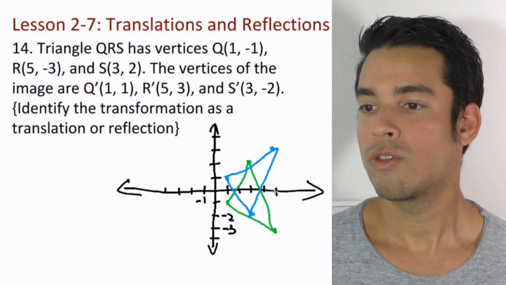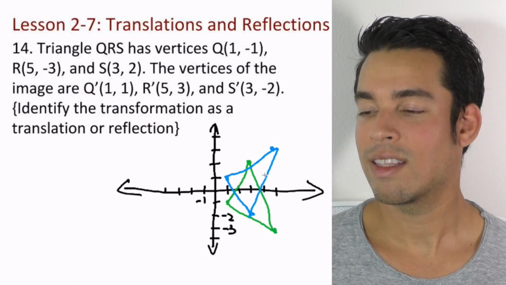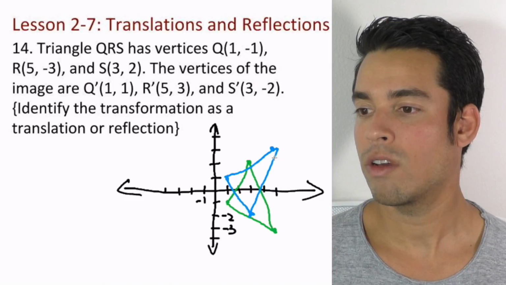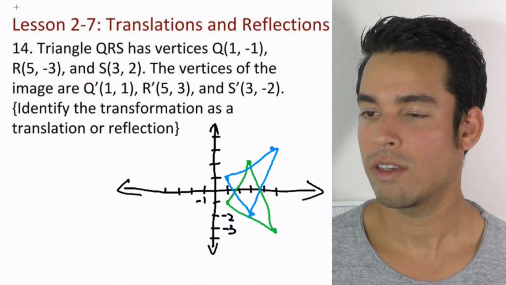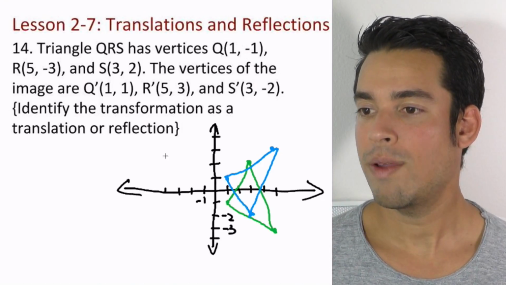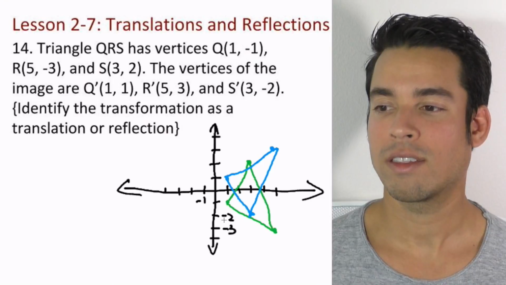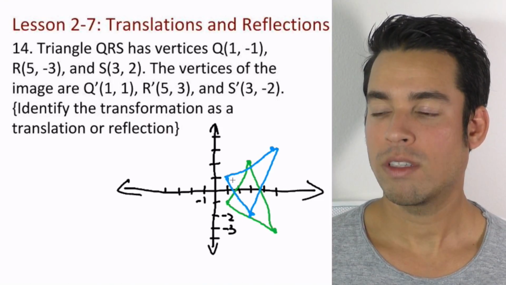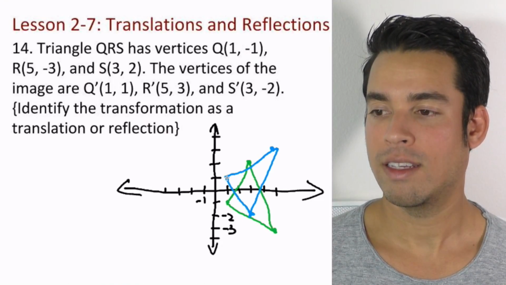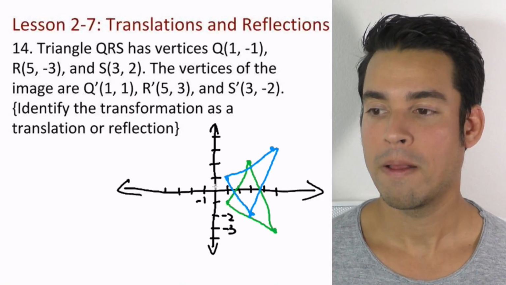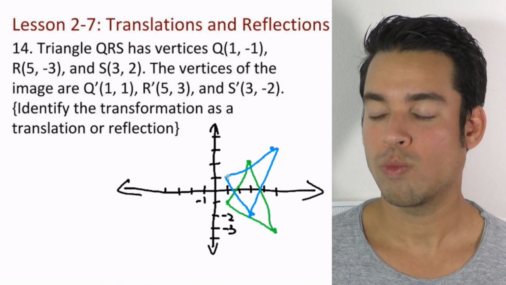Okay, so to me, it actually looks like a reflection across the x-axis, so I stand corrected. The way we can check that is, with a reflection across the x-axis, just like when we had the reflection across the y-axis, the x-coordinates don't change, but the y values will swap signs.